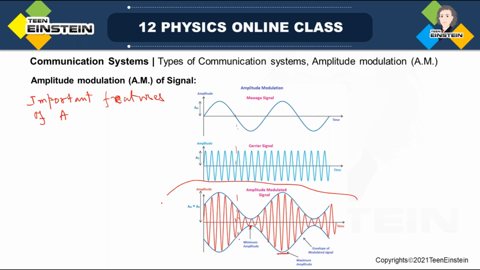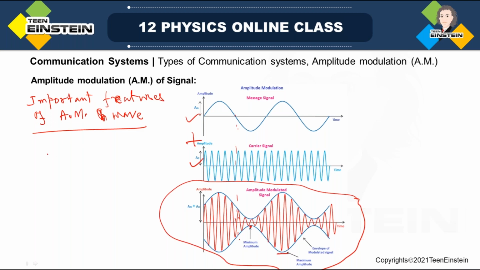What are the features of this resultant wave? Because we are getting it upon superposing these two. This is the signal, this is the carrier wave. We superimpose them, and then we get this kind of signal. This is called the amplitude modulated signal. I am writing AM signal or AM wave.